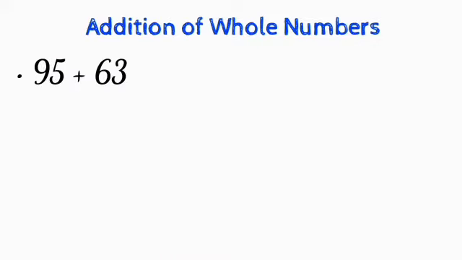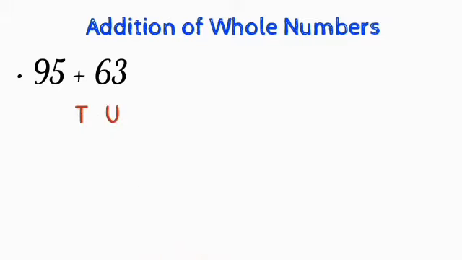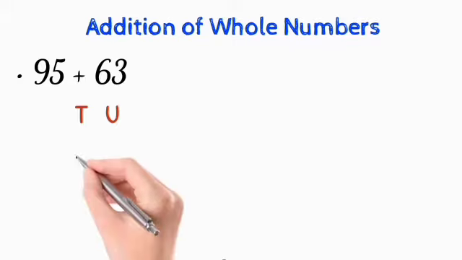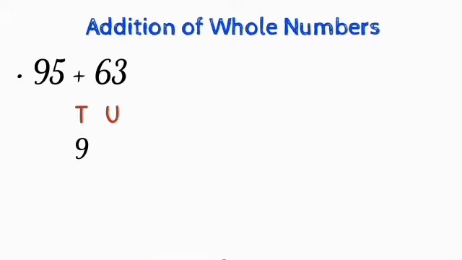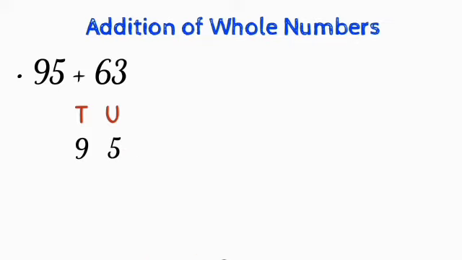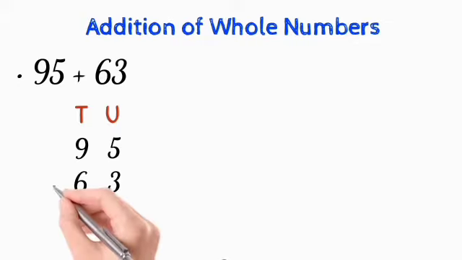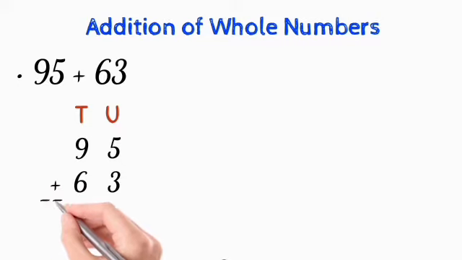To find the sum of given numbers, we write them in vertical columns while placing each digit according to its place value. In 95, 9 is the tens place digit and 5 is the units place digit. In 63, 6 is the tens place digit and 3 is the unit place digit. Now, how will we add them?